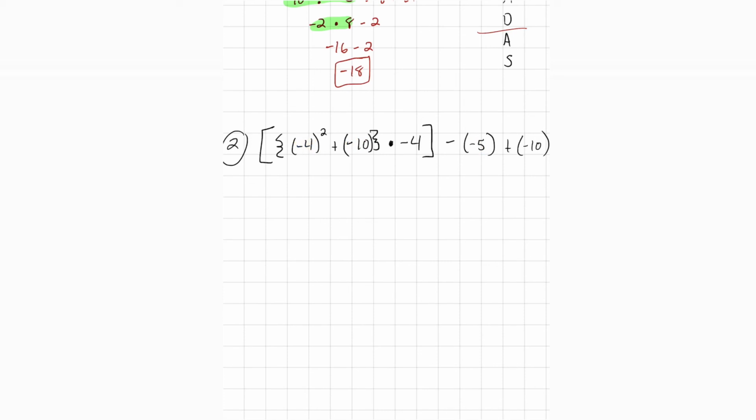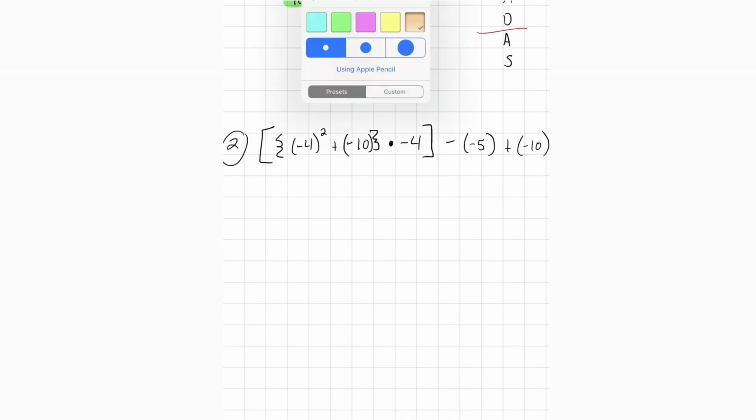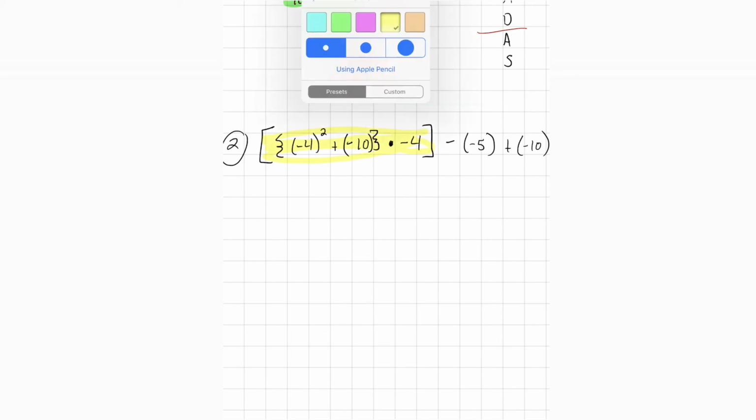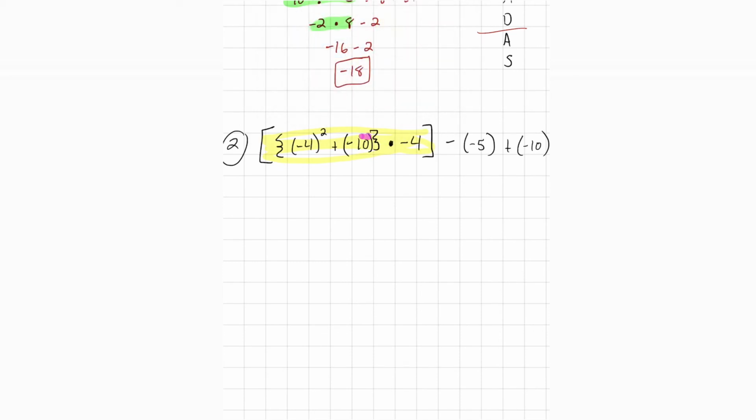Okay, so we know we have our big grouping symbol here. That's where our eye is drawn, right? And then inside of that, we have another grouping symbol. So our eye has to be at this inner piece that is negative 4 squared plus negative 10. Inside the parentheses, we move on to exponents.